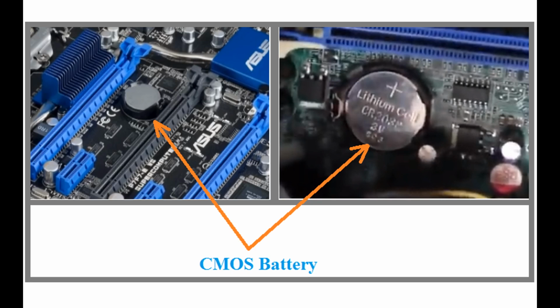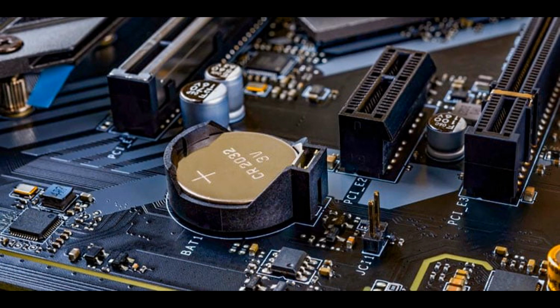OR gate consists of multiple parallel-connected NMOS transistors and series-connected PMOS transistors. The output is high, logic 1, when any input is high. NAND gate, essentially an inverted AND gate, consists of multiple parallel-connected NMOS transistors and series-connected PMOS transistors, followed by an inverter stage. The output is low, logic 0, only when all inputs are high.